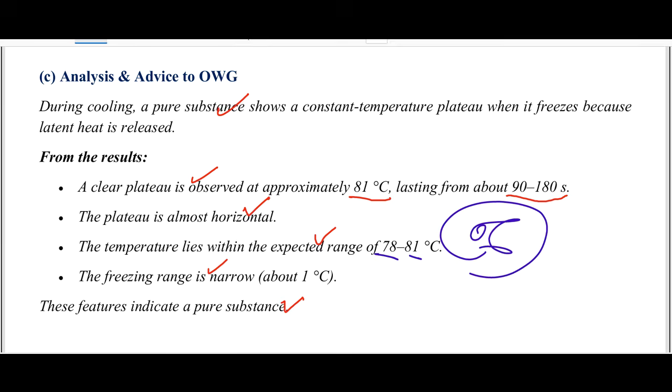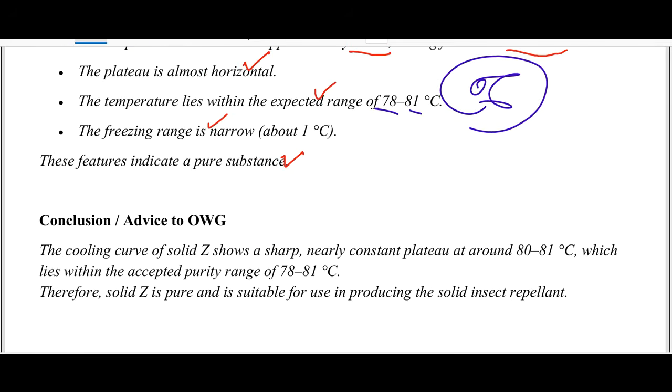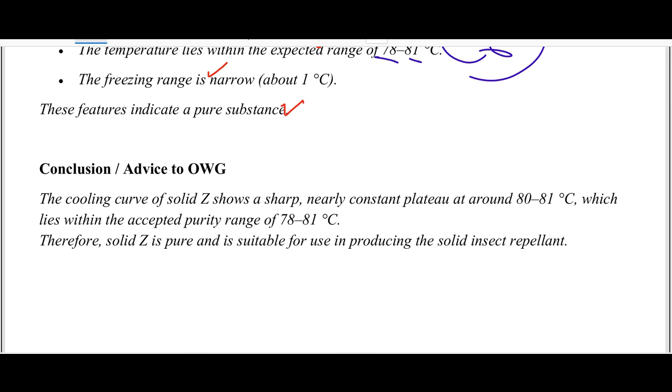Here you get all the 6 scores. Conclusion, and advice to OWG: we're saying that the cooling curve of solid Z shows a sharp, nearly constant plateau at around 80 to 81 degrees Celsius, which lies within the accepted purity range of 78 to 81.